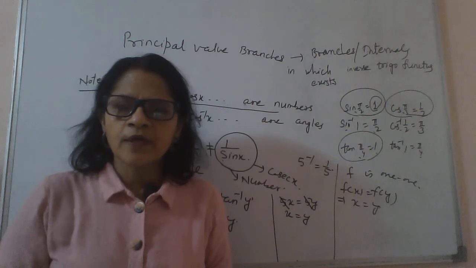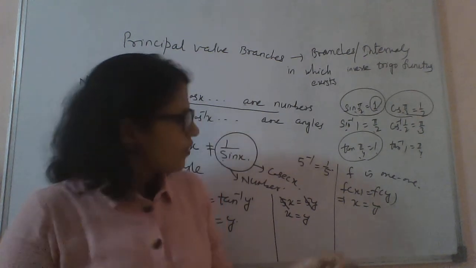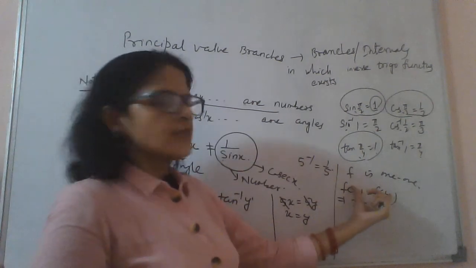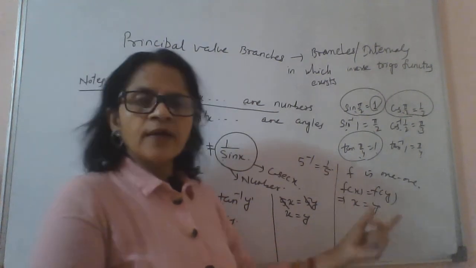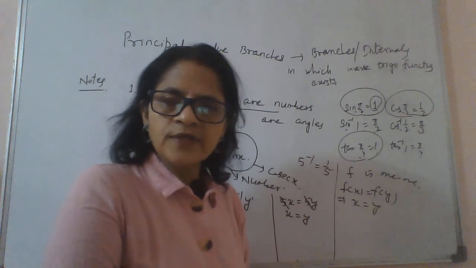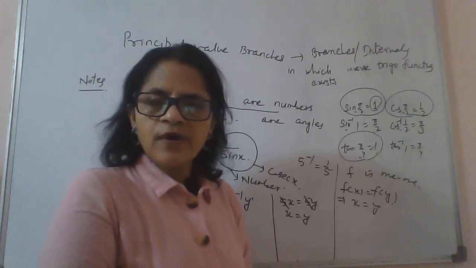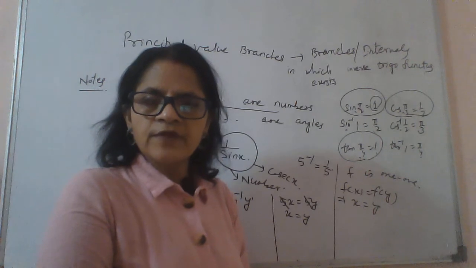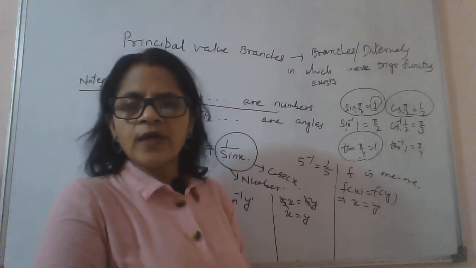So if pre-images are different, images will be different. Or in other words, if images are equal, pre-images are equal. And any bijective function is 1, 1 and onto. If the function is bijective, it is invertible, so any invertible function is also 1, 1 and onto.